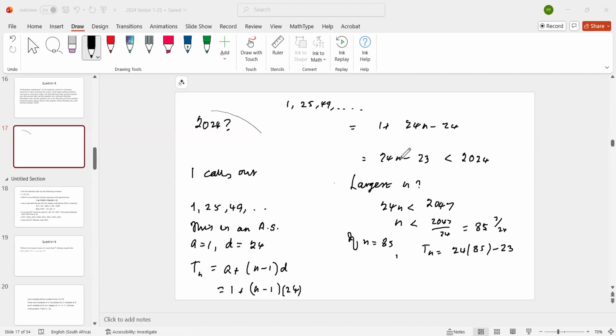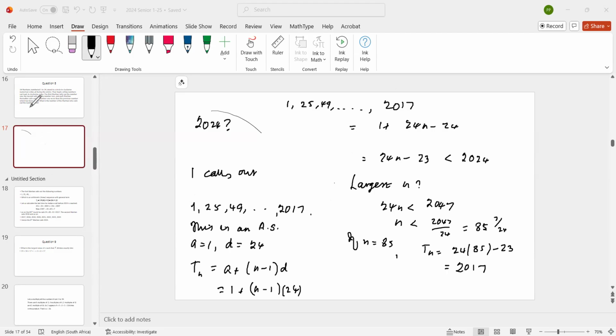This is 2040 minus 23, so this is 2017. So what's the point about this is that 2017 is one of the numbers that one shouts out. I can put this as one of the numbers he calls out, 2017.